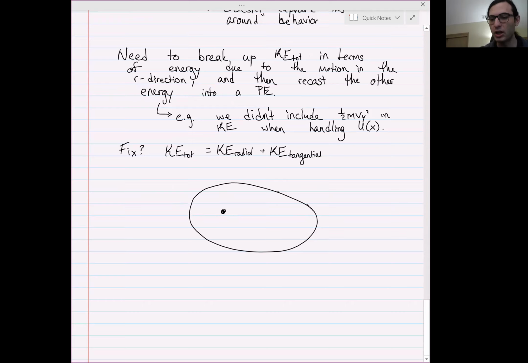So if our object is on our orbit and has some velocity, say this way, which it does because that's the direction it's moving in, we could break it up into a velocity component that's this way and a velocity component that's perpendicular to that.